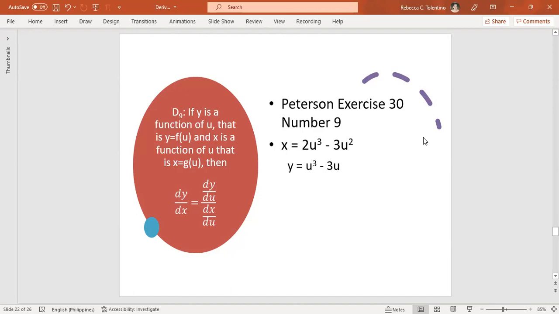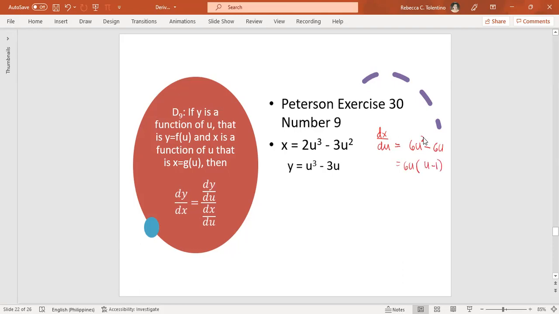So given that your x is 2u cubed minus 3u squared and your y is u cubed minus 3u, all you need to do in applying this parametric formula is to find dx over du. So the derivative of 2u cubed is 6u squared, minus the derivative of 3u squared, which is 6u. Okay, we can factor out 6u so that 6u squared over 6u is u, minus 1.